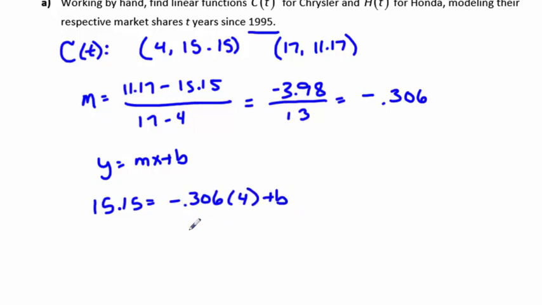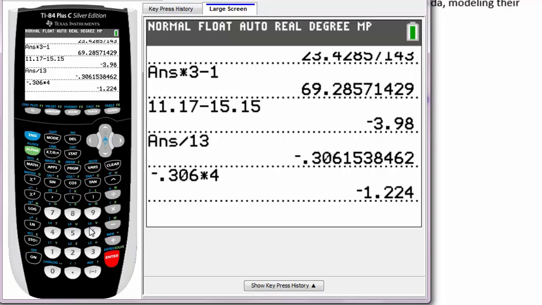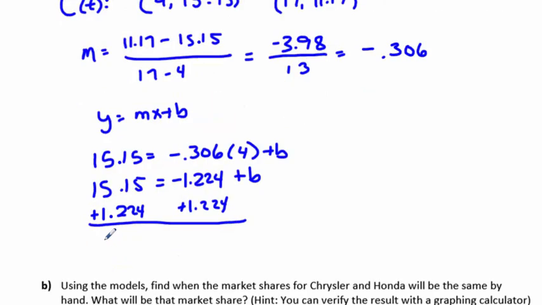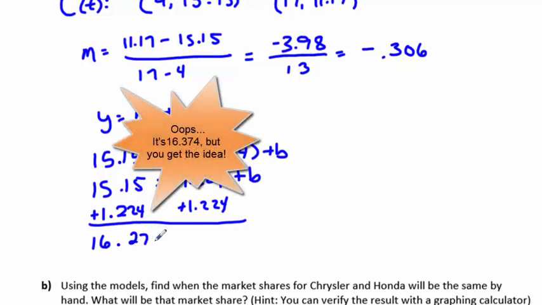So we'll multiply negative 0.306 times 4, which gives us negative 1.224 plus b is equal to our 15.15, and to solve for b we need to add the 1.224 to both sides. So the b value is 16.274.